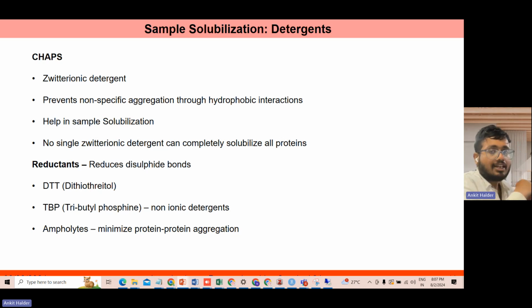So all the non-specific aggregation happens through the bonds, and it tends to form hydrophobic interactions that become more favorable, and the protein aggregates are not formed. Then it helps in sample solubilization, and no single zwitterionic detergent can completely solubilize all proteins.